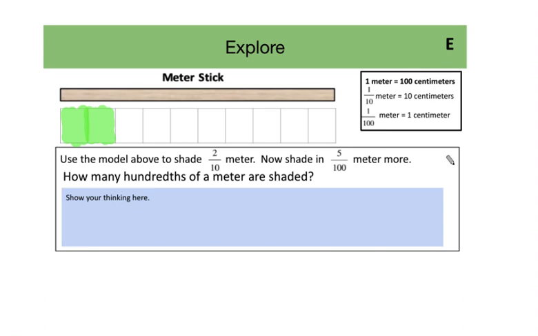Now, if you remember from the previous slide, we saw that they showed 10 hundredths. And the 10th was broken up into 10 additional parts so that we can talk about hundredths. So that's what I'm going to go ahead and do. I'm going to do my best to kind of draw here 10 parts.